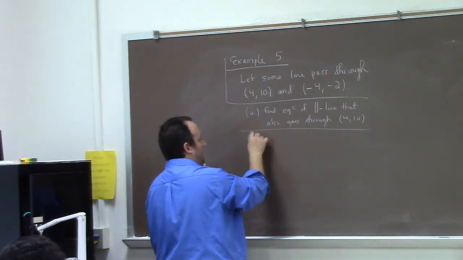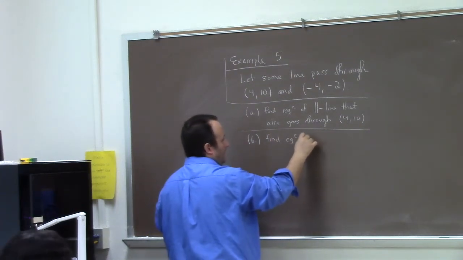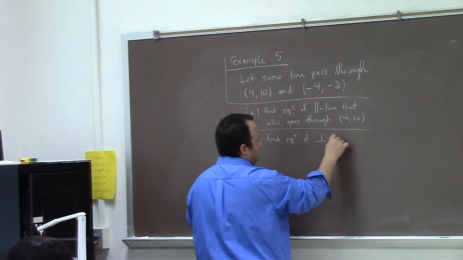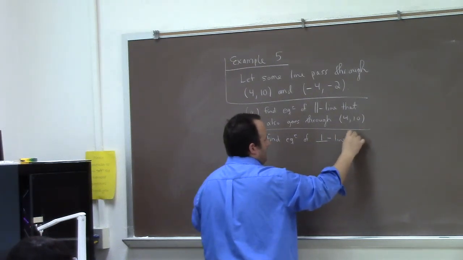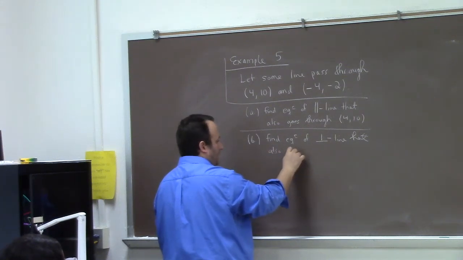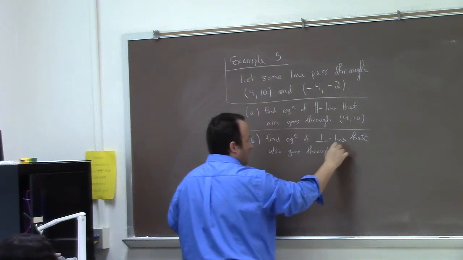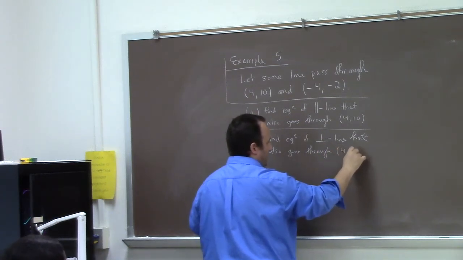And then part B, let's find the equation of the perpendicular line that also goes through the point (4, 10).